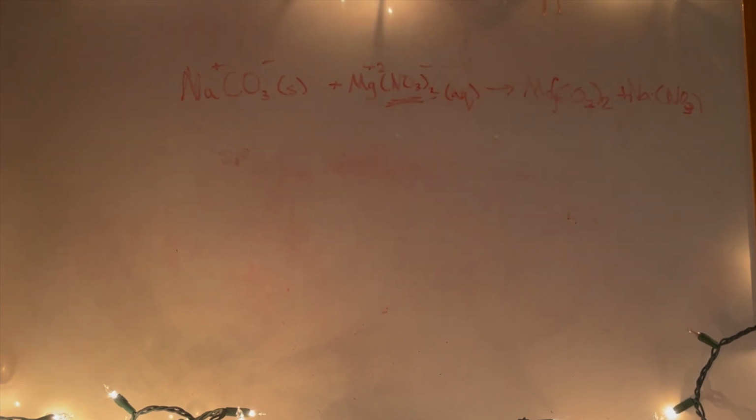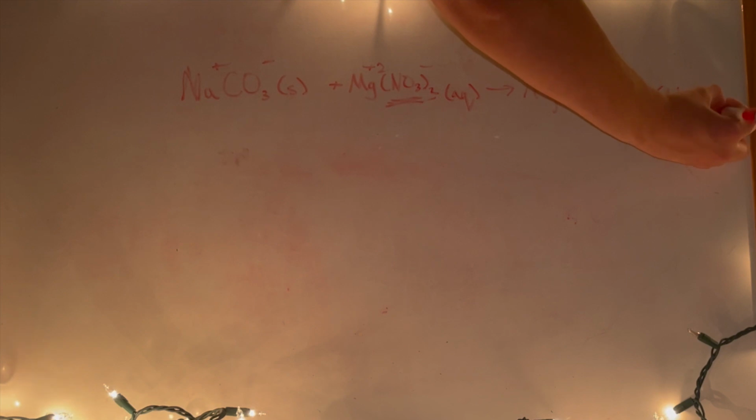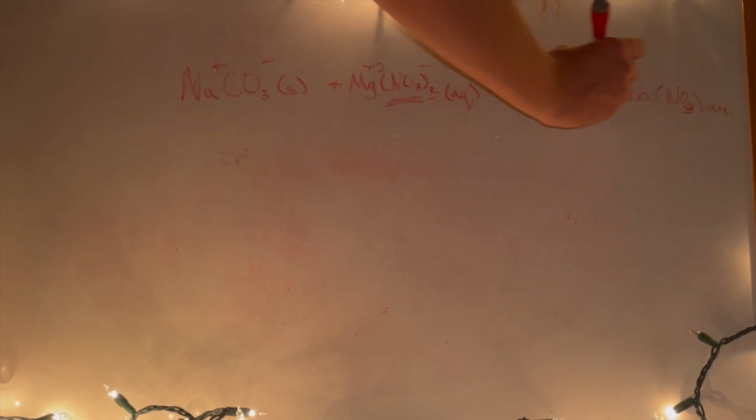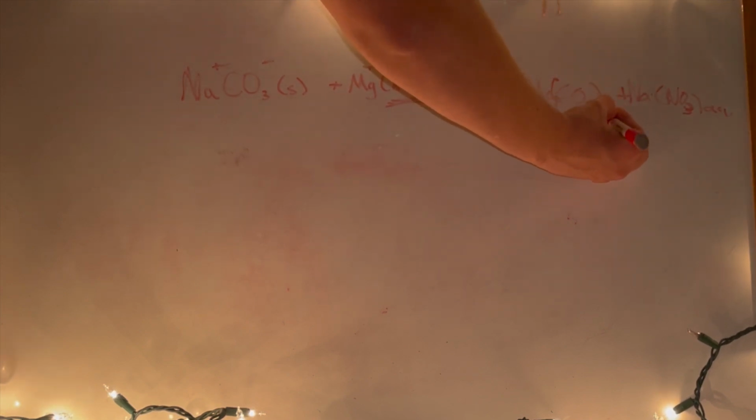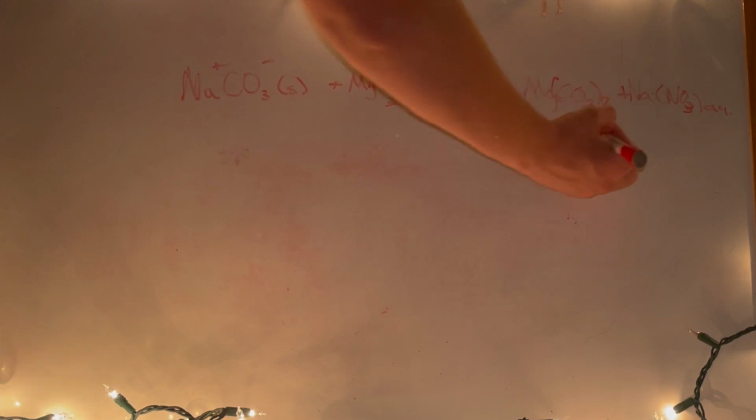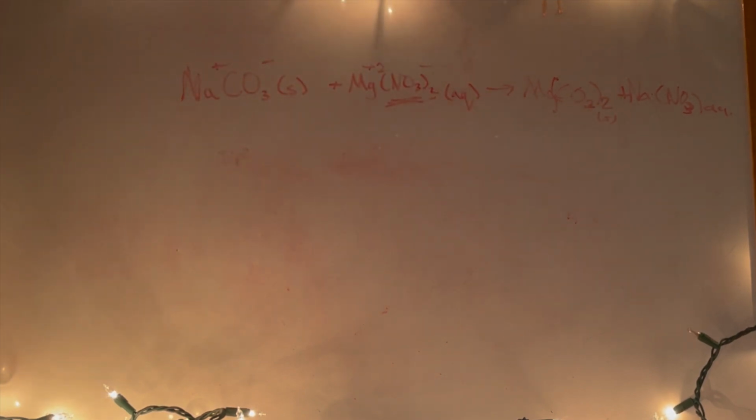Okay, and then how are we going to find out the states of matter? Well, because we know NO3 is typically aqueous, we can say that this is going to be aqueous, and we can say that MgCO3 is going to be solid. Now, finally, we just need to balance this equation.